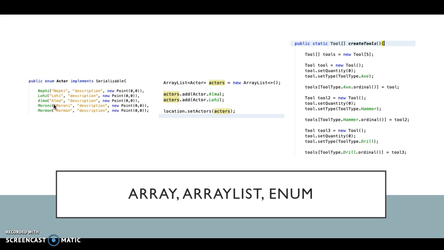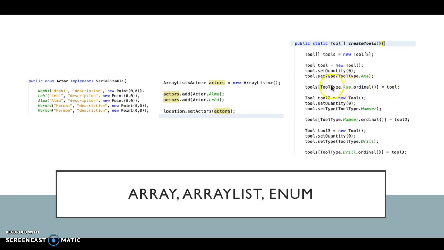Right here I have an array, the tools array. I used the new keyword to create a new tool array of 5 elements. Down here I created some objects of the tool class, and then I used the tools array to add a value.